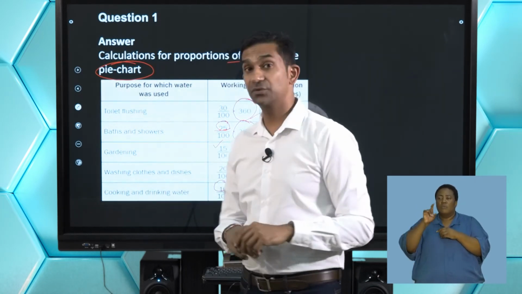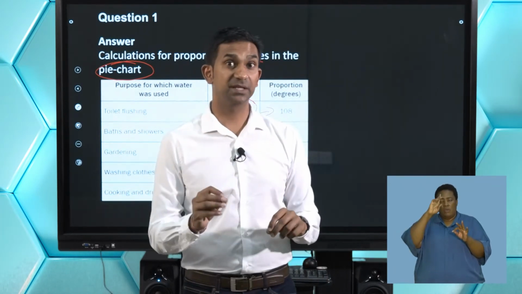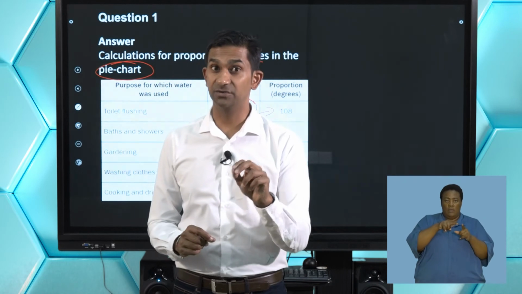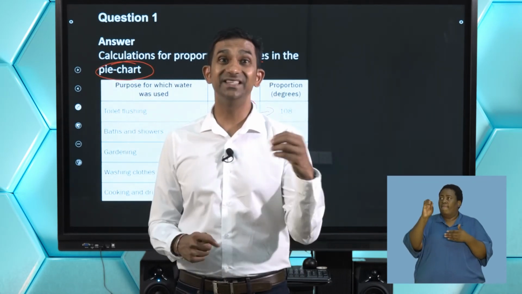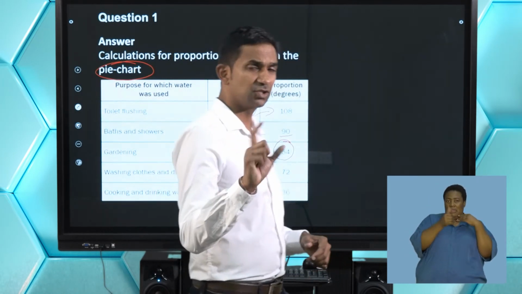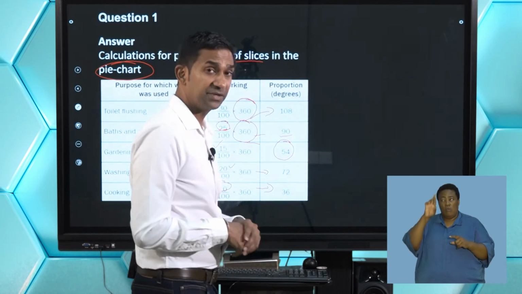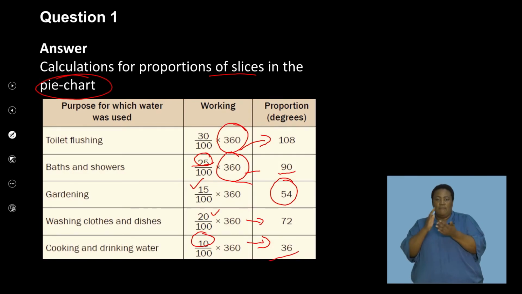And we've got to use our calculator so that we ensure that our calculations are accurate. Remember that we've got to round up or round down to ensure that we don't have the degrees exceeding 360 or being less than 360. So remember to total and round off at the end. Add these up to see if they equal 360 so that you have them proportionately correct, and then you plot that into a pie chart.